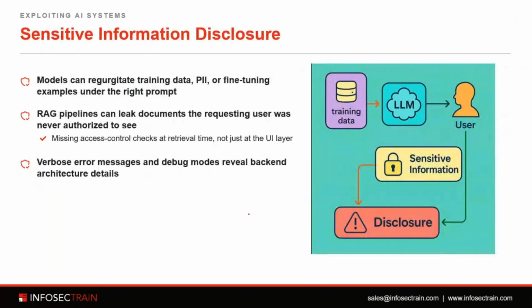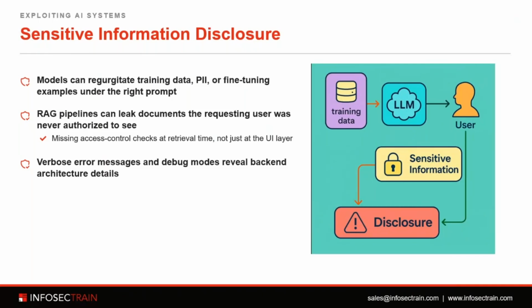Then we have sensitive information disclosure. Now, sensitive information will be disclosed when you give a prompt. Models can regurgitate the training data, personal identifiable information, or fine-tuning examples under the right prompt. Right?